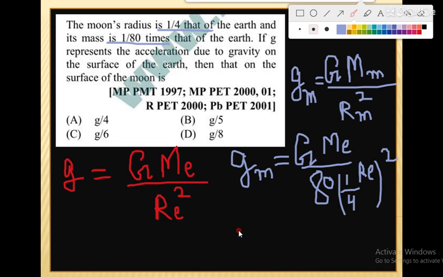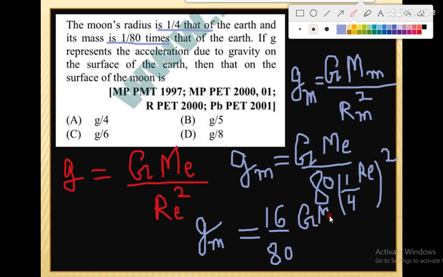After solving this equation, I will get Gm equal to 16 by 80 into G into Me by Re square. Students, now see this whole term is what?